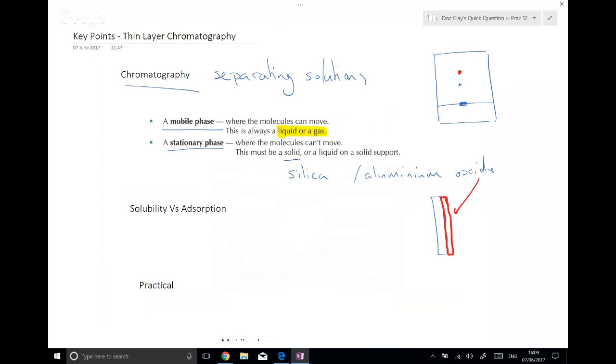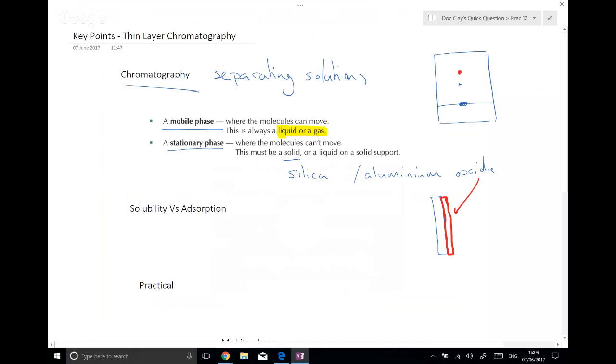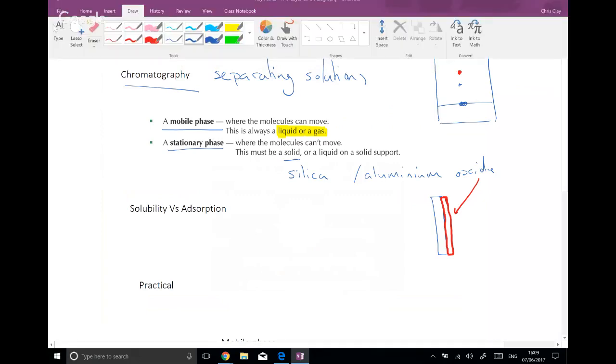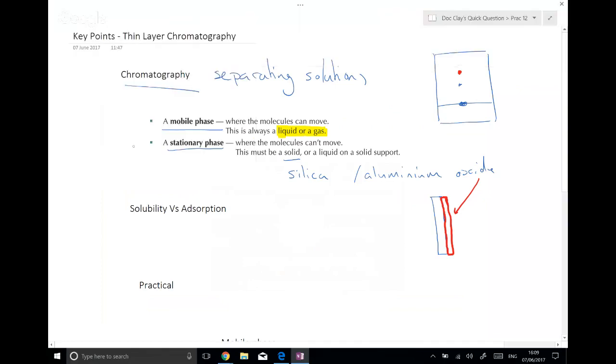Adsorption is how well a substance sticks to the front of the surface, so how well it is attracted to the solid, versus the solubility.